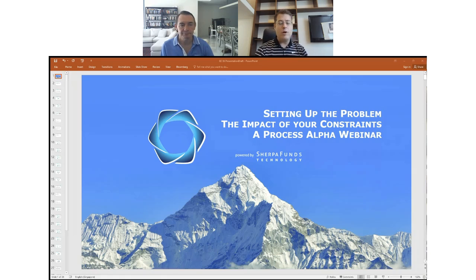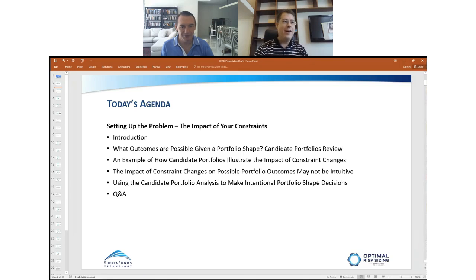Today we're going to be talking about the impact of your constraints. The first thing we're going to do is review a tool we've talked about previously, the candidate portfolios analysis. We've used it after the fact, as a performance analysis of how good your portfolio perspective is.